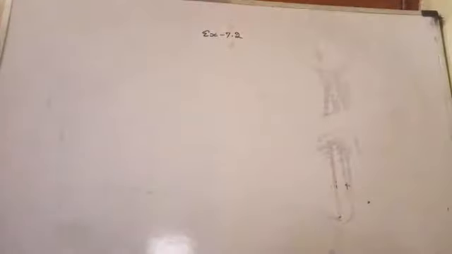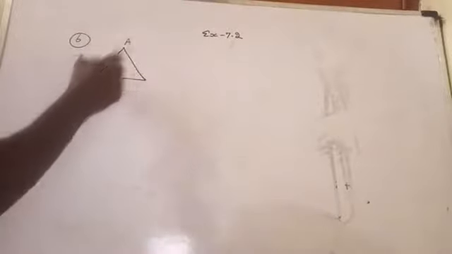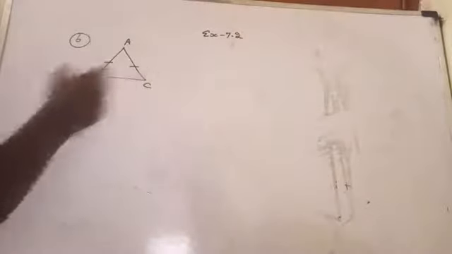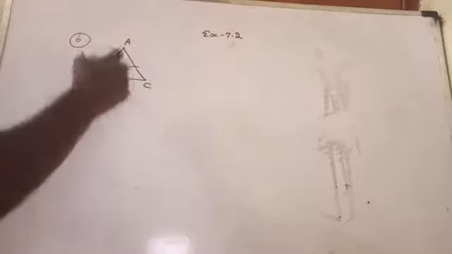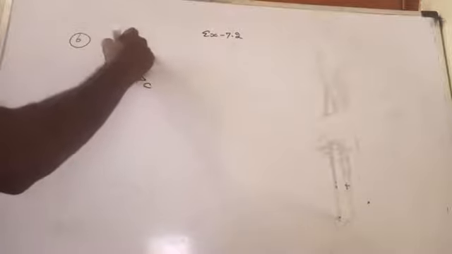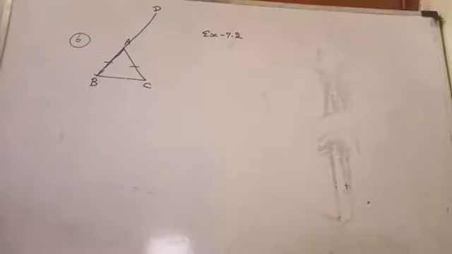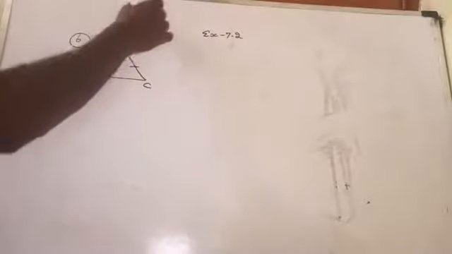The question is, triangle ABC is an isosceles triangle in which AB equals AC, and the side BA is produced to D such that AD equals AB. This side BA is produced to D, so AD is here, AB is here.